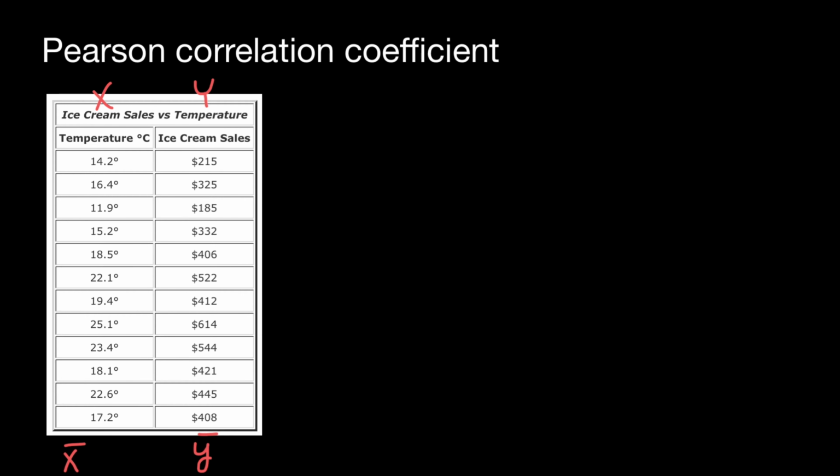This is how we get the mean, and the mean here is 18.7, degrees Celsius. Here are the ice cream sales, and if we add all these numbers and divide by 12, we get 402, and this is in dollars. And here we have Celsius.